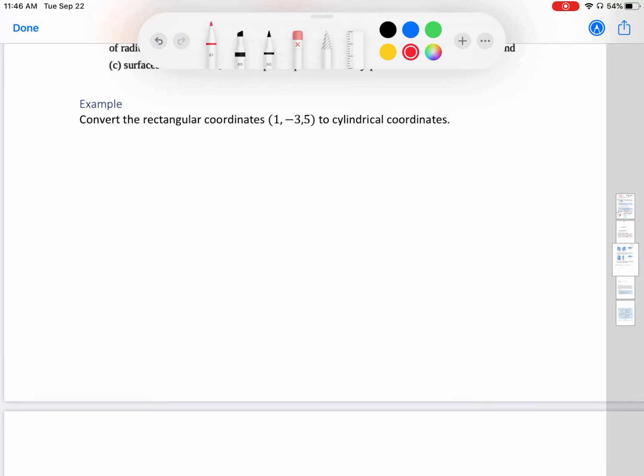Another example: convert the rectangular coordinates (1, -3, 5) to cylindrical coordinates. We have our formulas from the previous page. Our goal here is to go from x, y, z to r, theta, z. How do we get r to begin with?